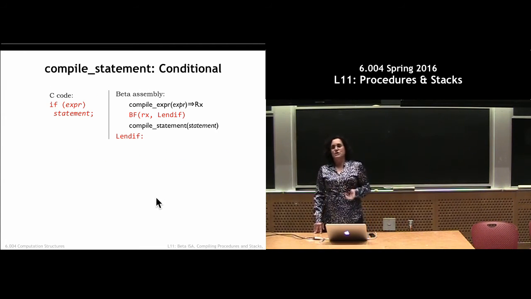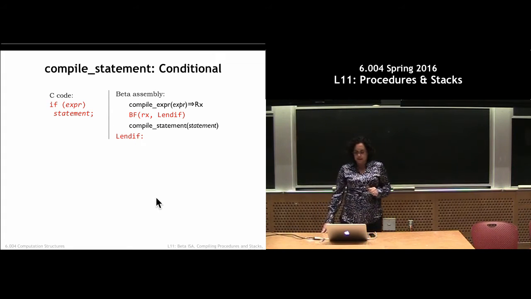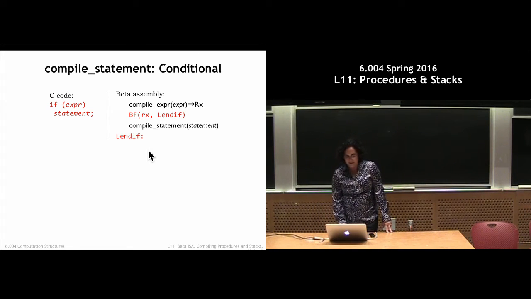Here we have a conditional. Okay, so how do we handle conditionals? Again, not very complicated. What we want to do here is if this expression is true, then execute the statement. So the first thing we have to do is compile this expression and store that value into Rx. Now that we have it in Rx, we can make some decisions based on it. And so what we've got here is a branch on false Rx.